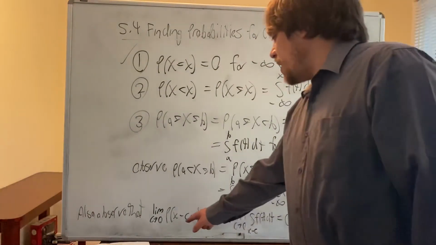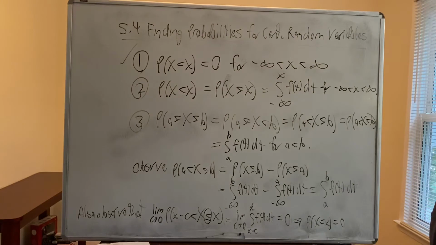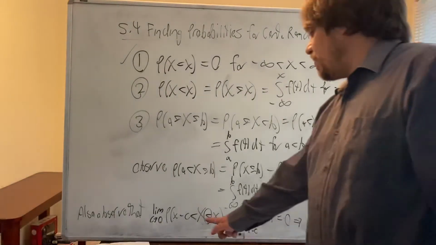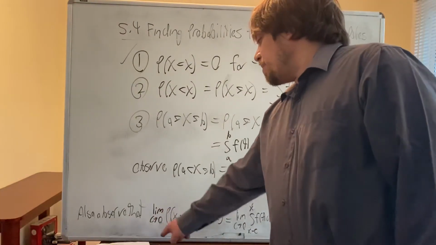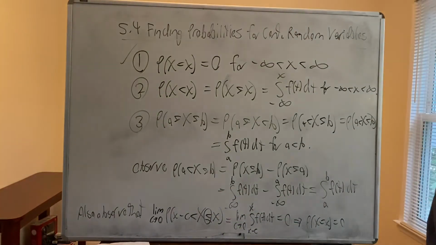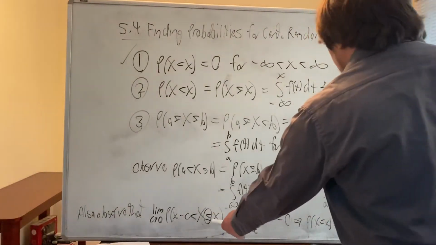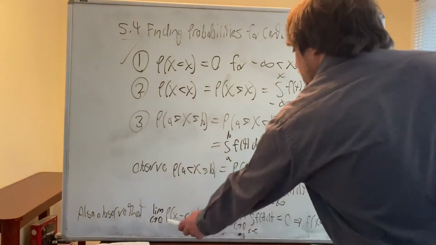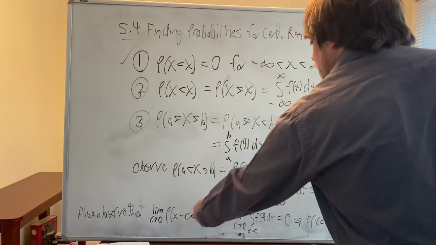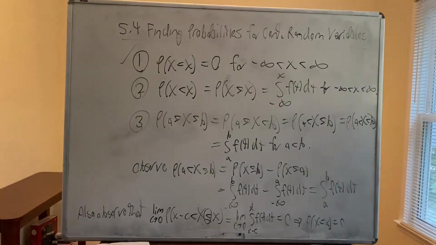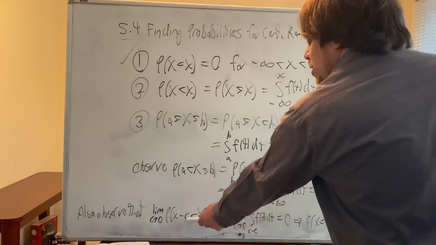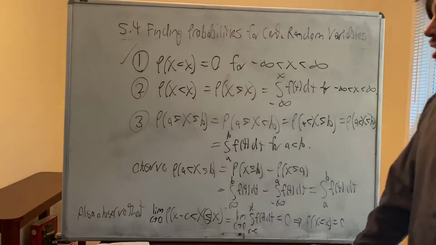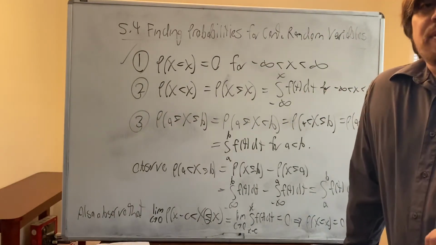So that means that the only capital X value that you're considering when you take the limit as c approaches 0 of this is capital X equaling little x. And so this shows you that the probability that capital X stays in this interval as c approaches 0, there's only one capital X that can do that. As c gets arbitrarily small, x minus c gets arbitrarily close to x.